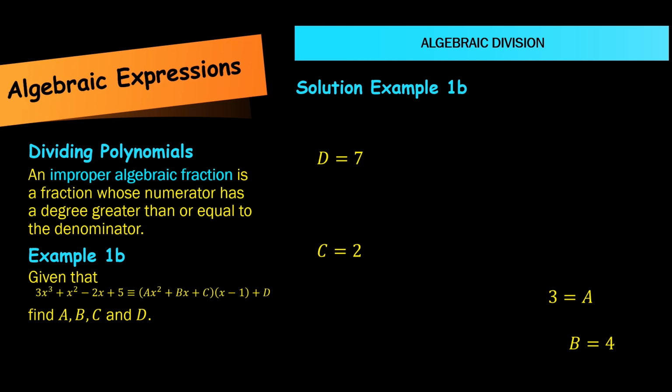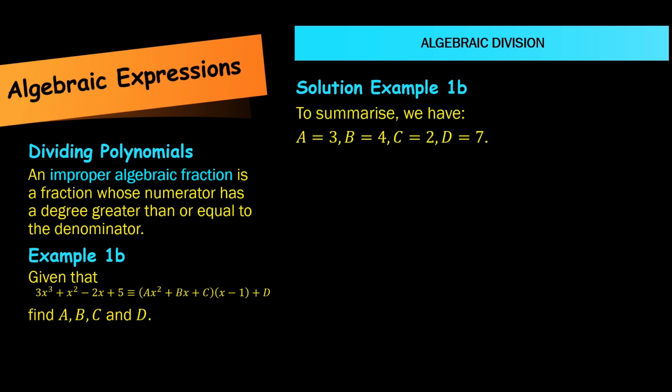So here are our constants. We have a equals 3, b equals 4, c equals 2, and d equals 7.